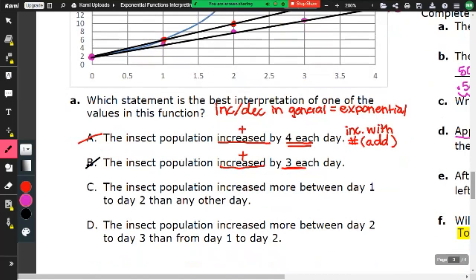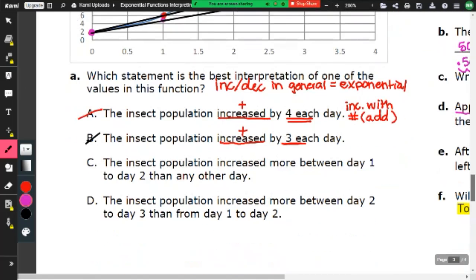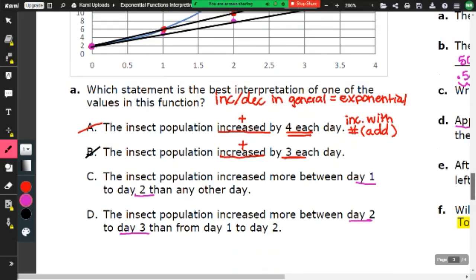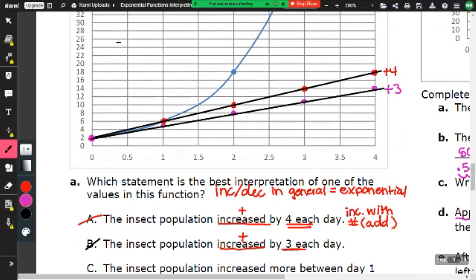Remember talking about that roller coaster? That's where your C and D come in. C says that there was more increase between day 1 and 2. D says there was more increase between day 2 and 3. So we're going to look at the increase in both days. Day 2 is right here. So I need to see what happened between day 1 and day 2. There's my increase.